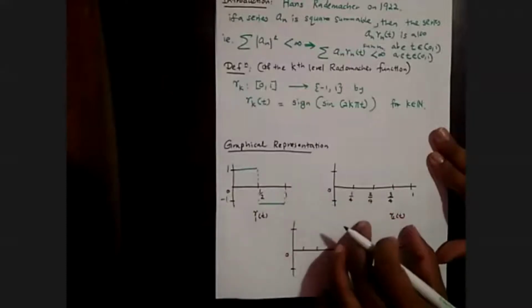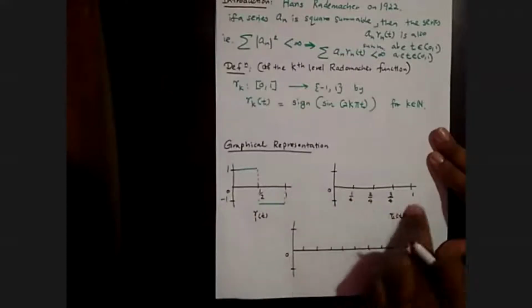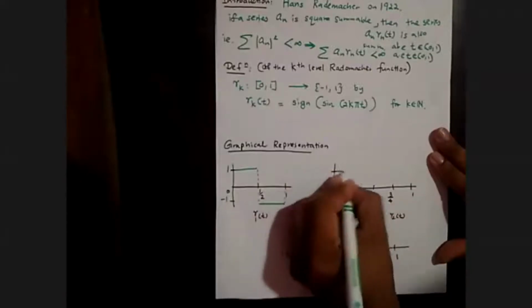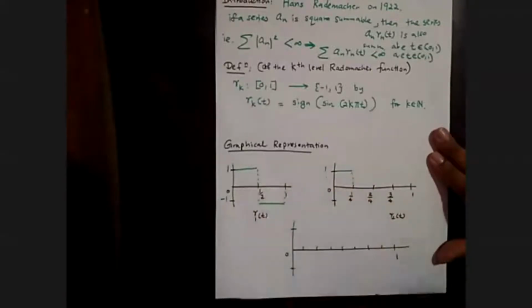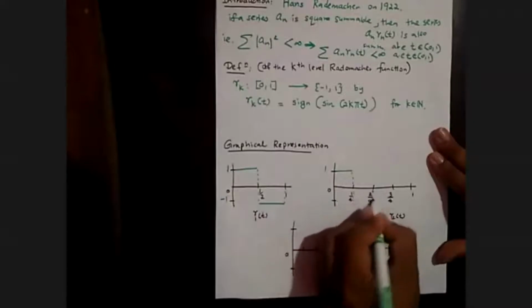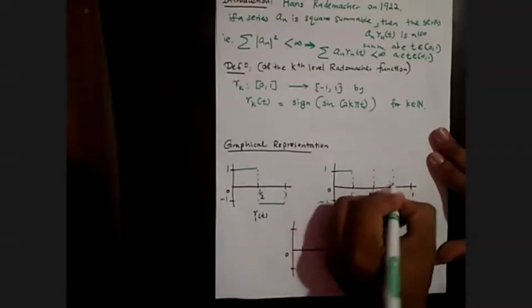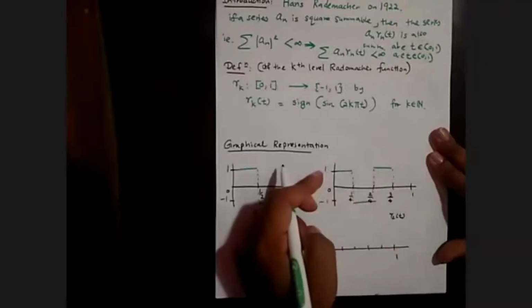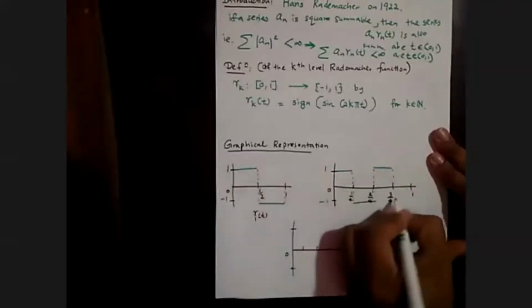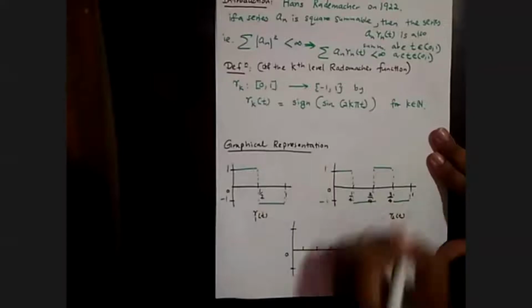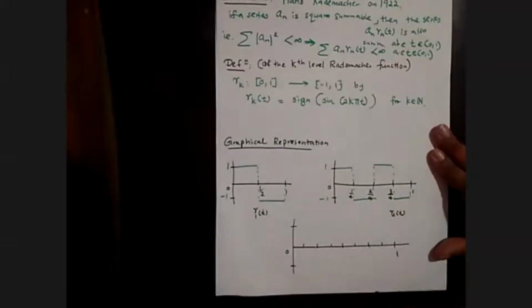Similarly, in R2, we divide into 4 subsections, and the first one will be 1. In the second interval, the function value will be -1. When you go to the third interval, the function will flip back to 1, and in the fourth one, it will flip back to -1. So 1 and -1 alternate.